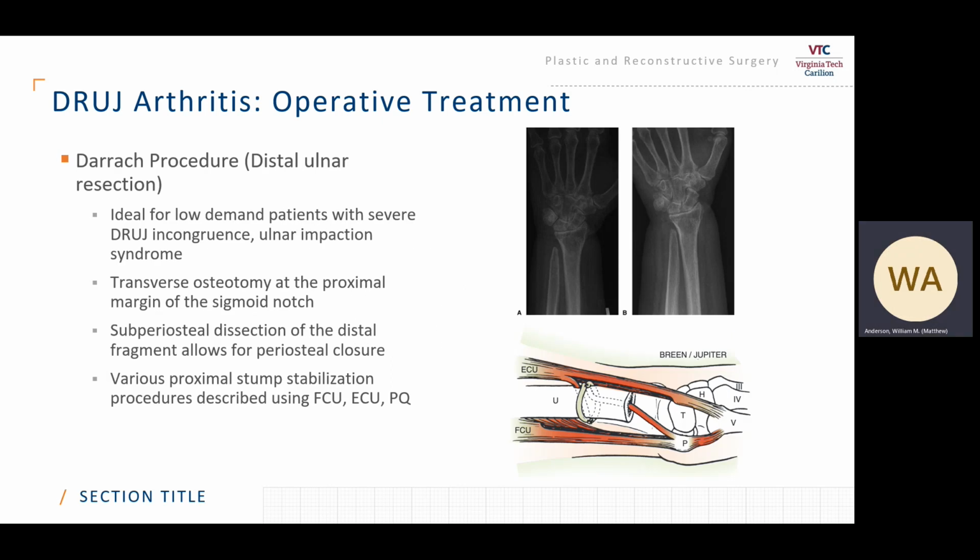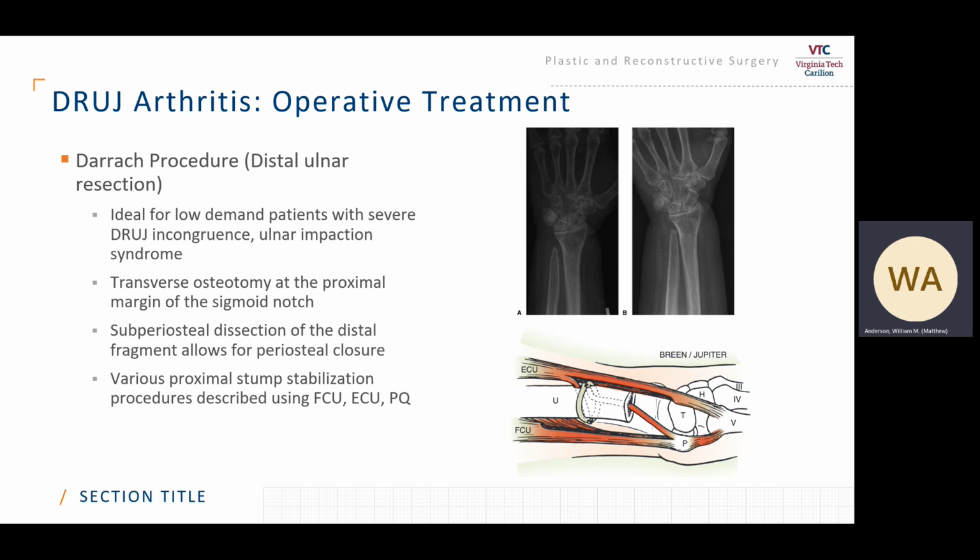The Darrach procedure, or distal ulnar resection, has been performed for a long time, especially in rheumatoid arthritis. It's ideal for low demand patients with severe DRUJ incongruence and also in ulnar impaction syndrome. In the procedure, a transverse osteotomy is made at the proximal margin of the sigmoid notch.